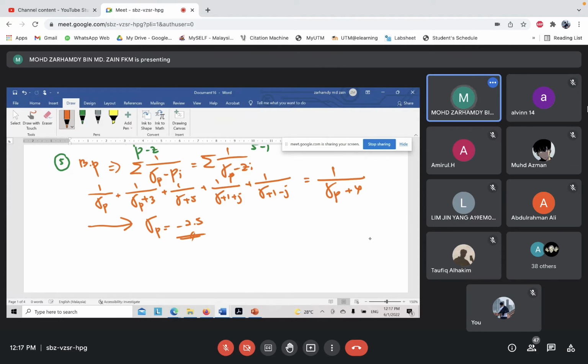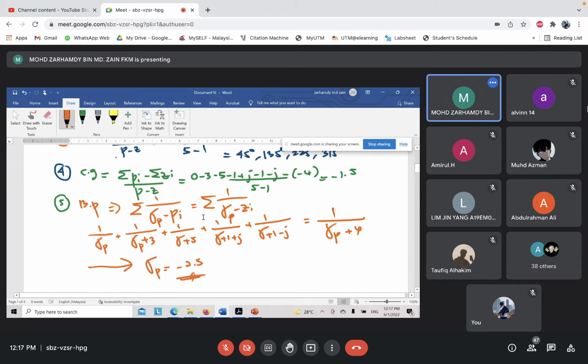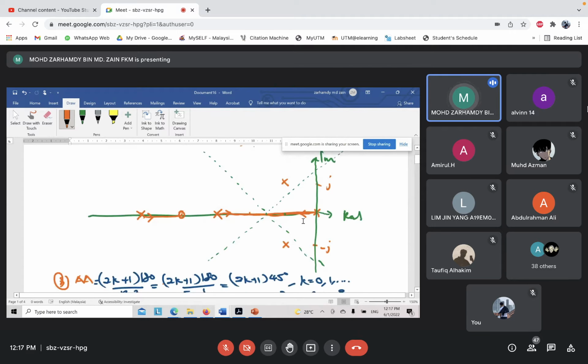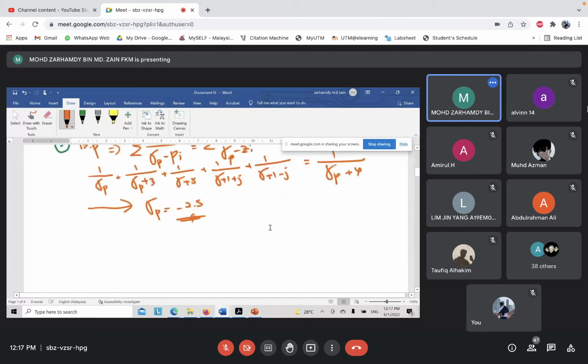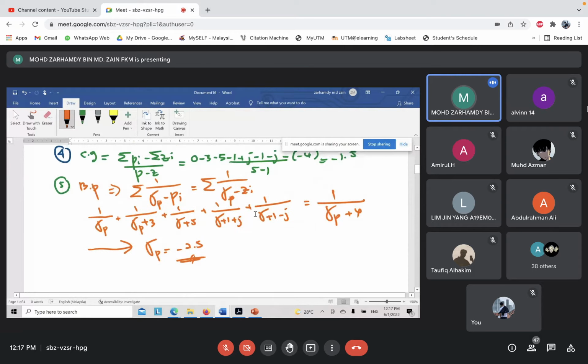Kena buat ni. Try buat. You should try and then you will get the suitable value. In our case it is in between 0 and 3, so we will get negative 2.5. Nanti kira ni balik, you need to calculate by your own.